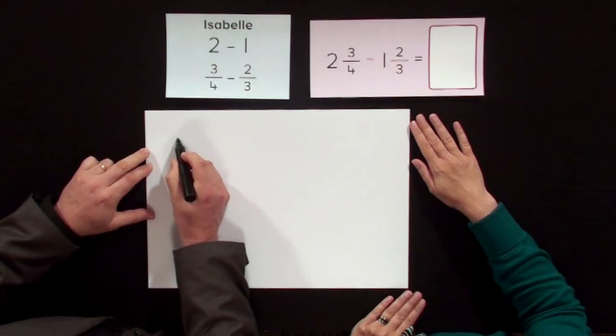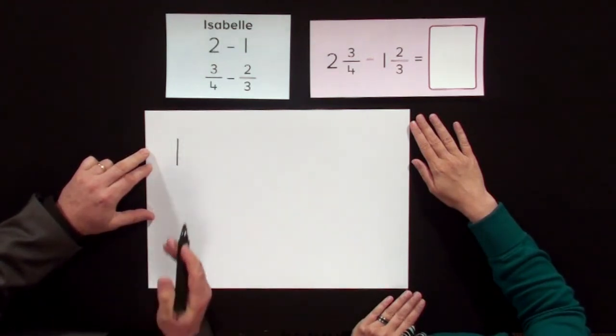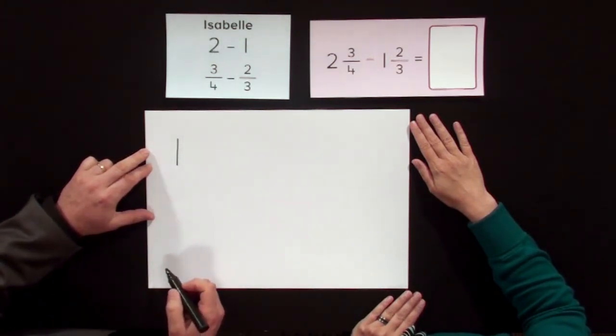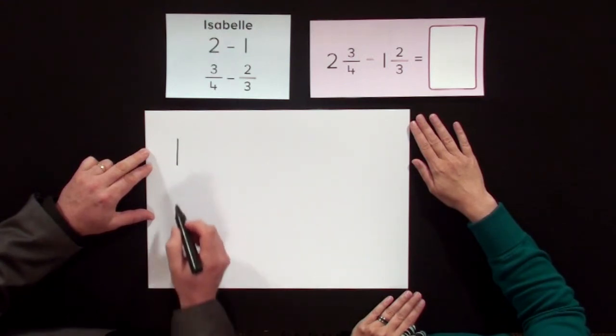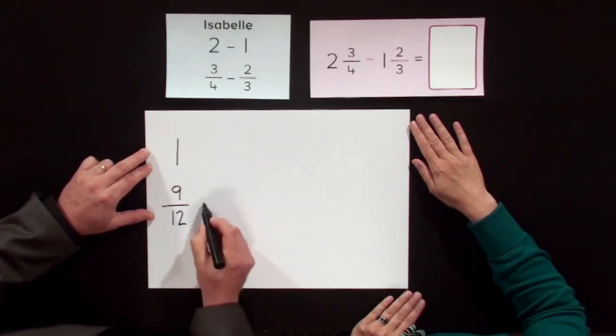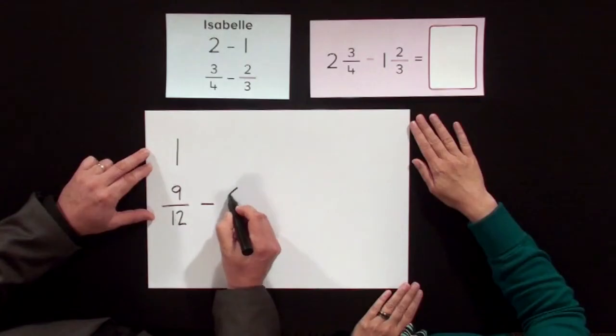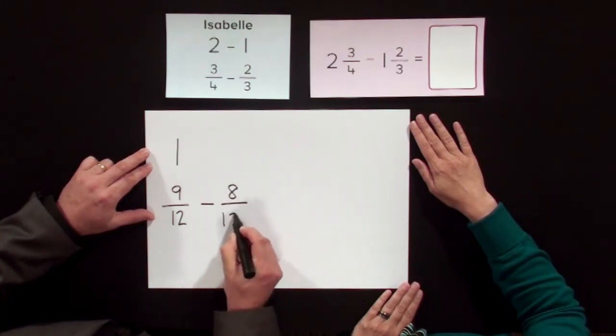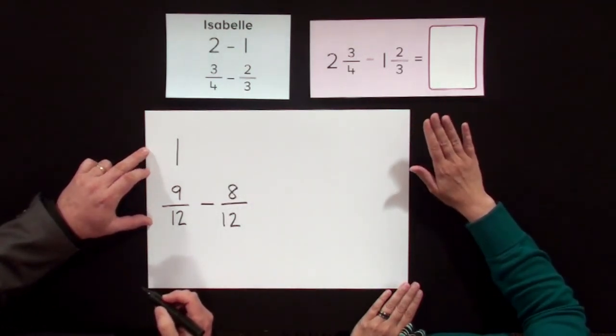The way she's written that, I'm assuming that she probably calculated the whole numbers first as 1. Then 3/4 needs to be expressed as twelfths. So 3/4 as twelfths is 9 twelfths. And then she's going to have to subtract 2/3. But as twelfths, 2/3 is 8 twelfths. So once again, she was working with the mixed numbers.